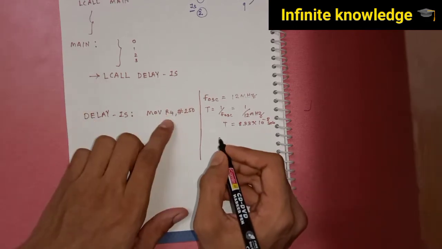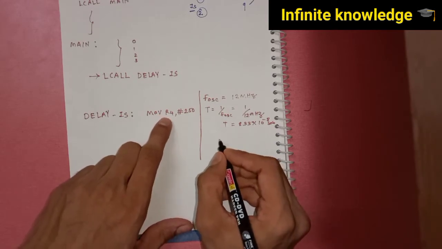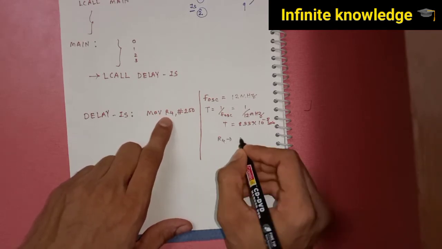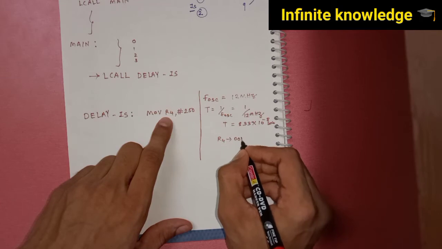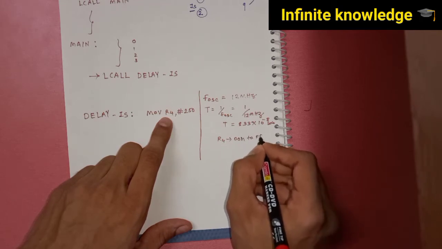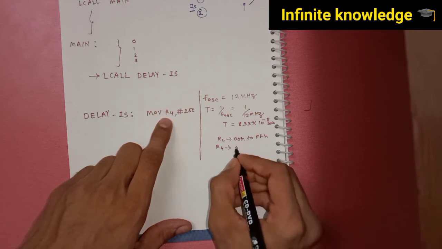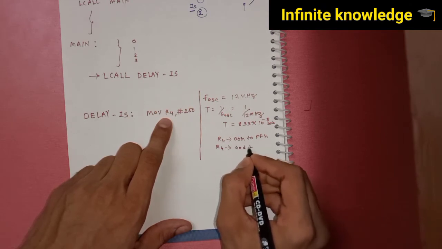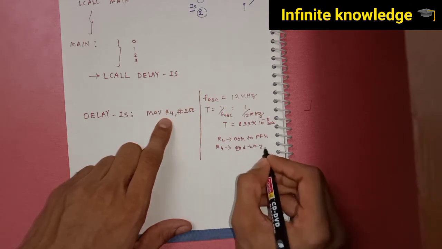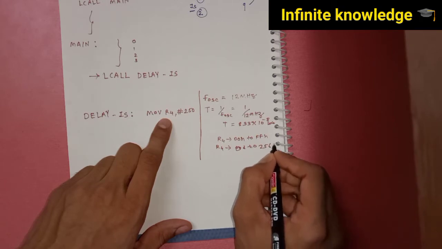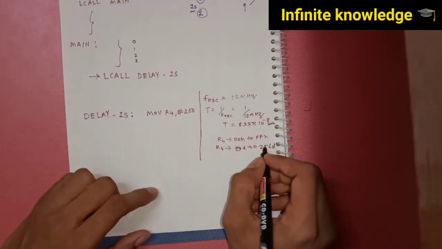R4 is an 8-bit register, and it contains 00H to FFH. It is hexadecimal, and R4 can contain a number from 0 decimal to 256 decimal. This is also in decimal.